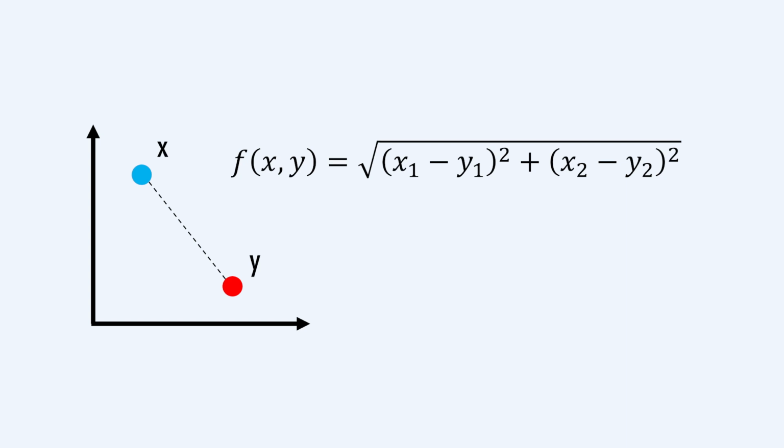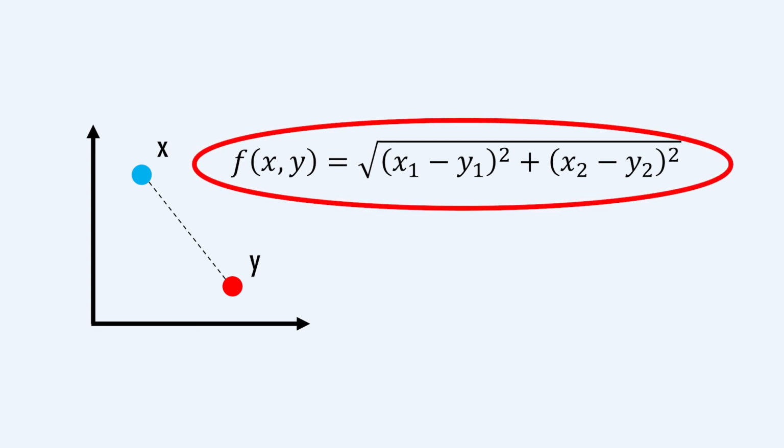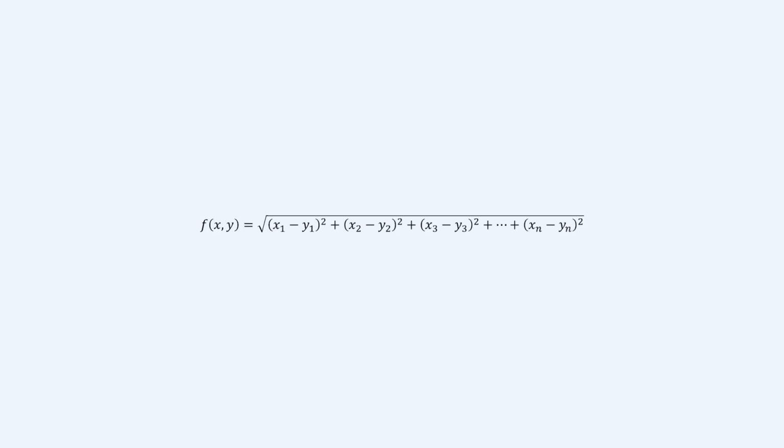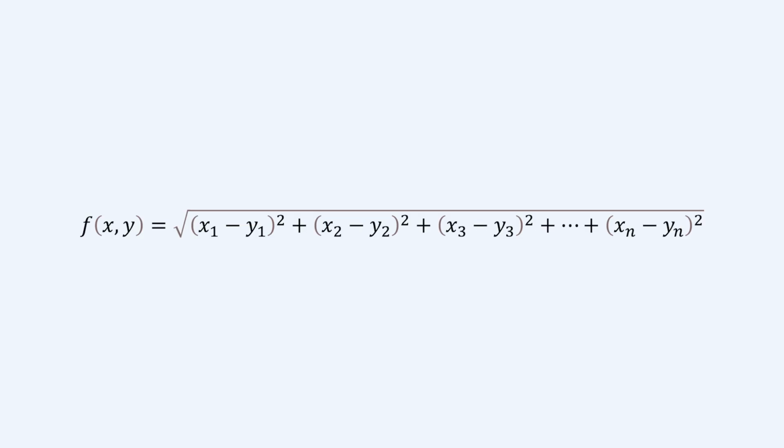Formally, the Euclidean distance is the following formula, assuming we have only two dimensions for vector x and vector y. For the other x and y points with more dimensions, let us say n dimensions, the formula complicates a bit, but the idea is the same.